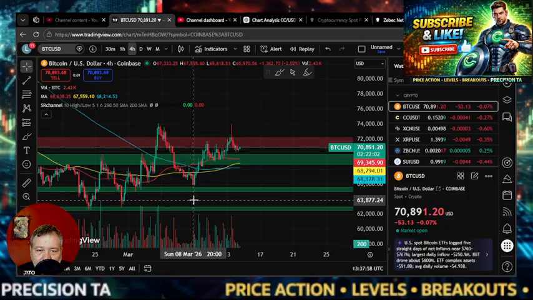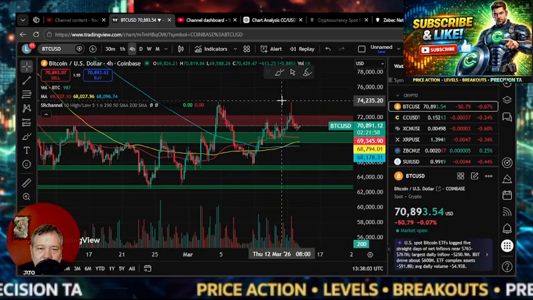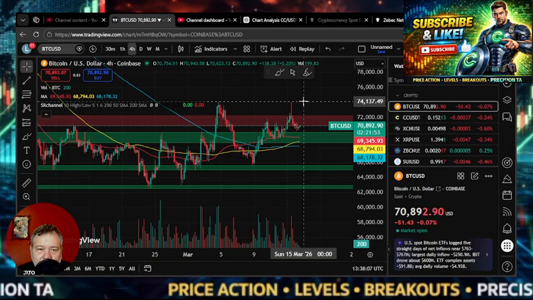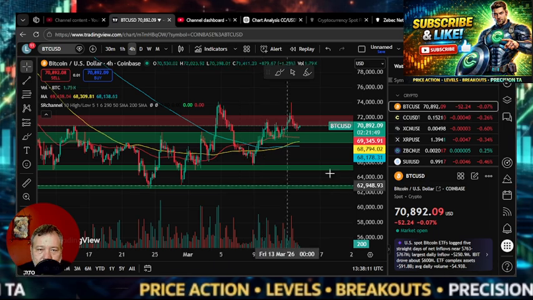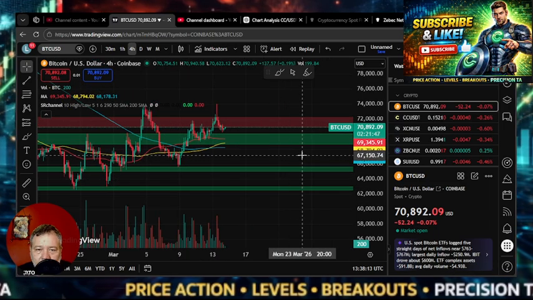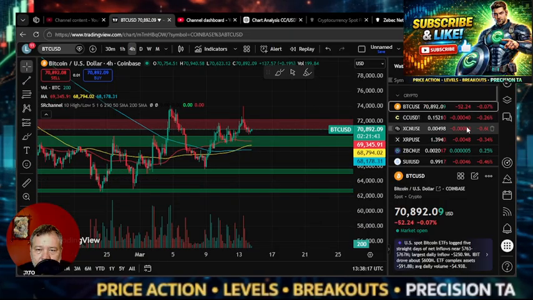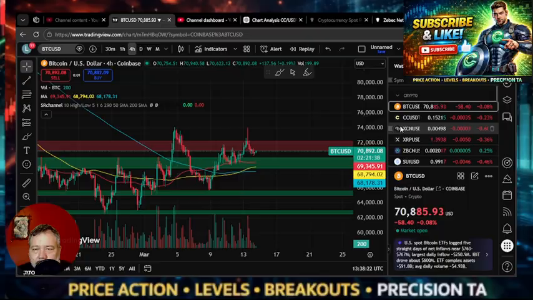We are making higher highs and higher lows right here, though not necessarily a higher high on the top side, and it looks a little bit weaker on the bottom side. So at some point we're going to make a move in the market on Bitcoin, but it's looking like we could be headed back down some more.